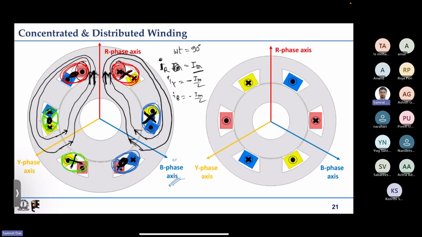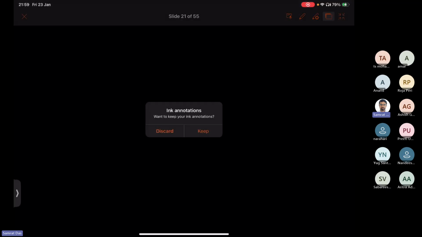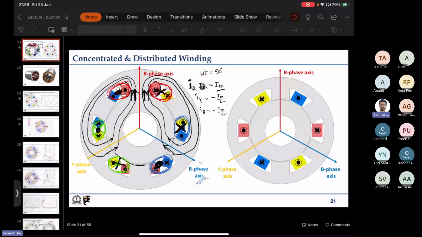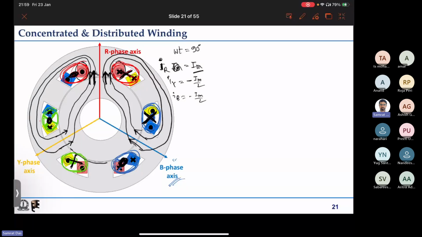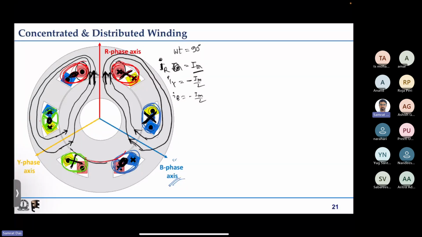And if you actually plot the B distribution, you can find that you have a bigger zero region. So this whole region which I am pointing to will have zero flux density.